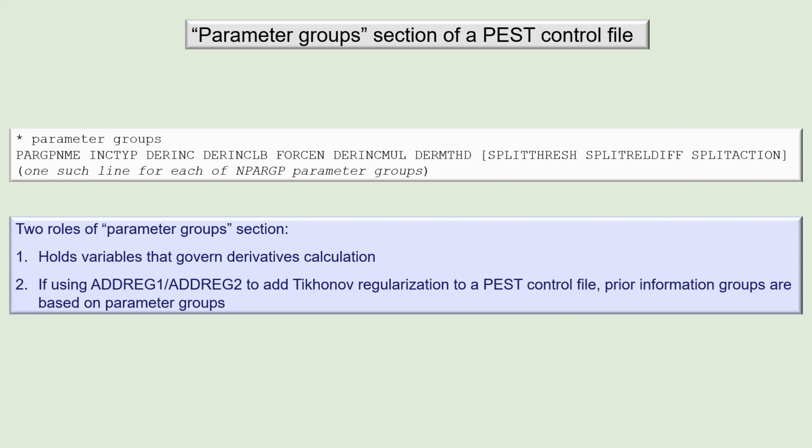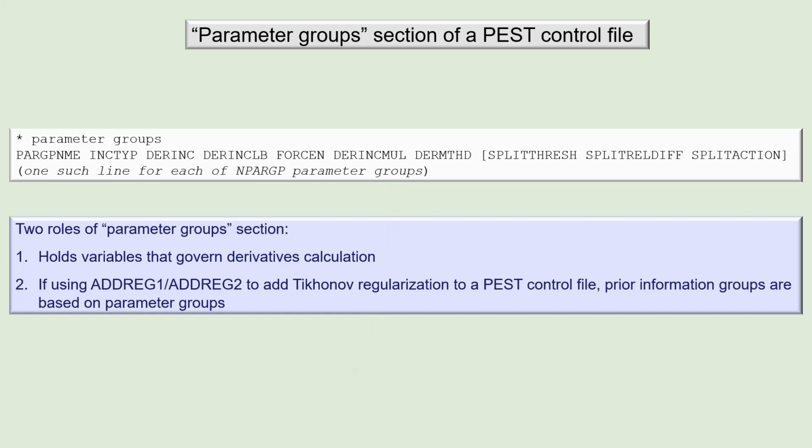Now, the variables which govern how finite difference derivatives calculation is undertaken reside in the parameter group section of the PEST control file. That's these variables here. They control the way finite difference derivatives calculation is undertaken.